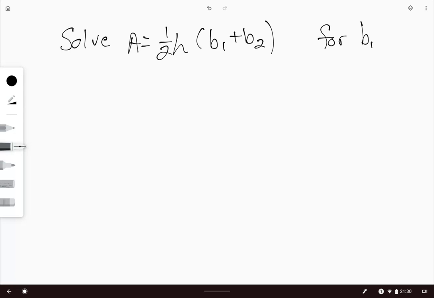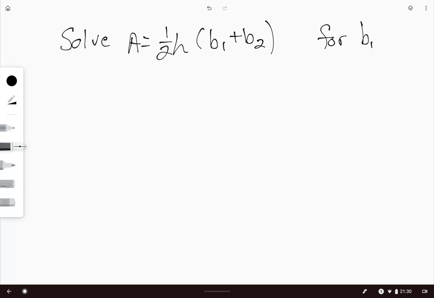So let's look at this again. I've got 1/2 times the height, and then I've got base 1 plus base 2 in parentheses. So the best way to think of this is you're doing inverse operations, but you're also kind of doing a reverse PEMDAS.